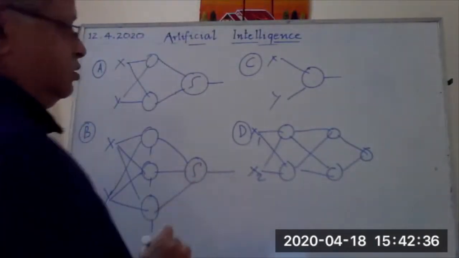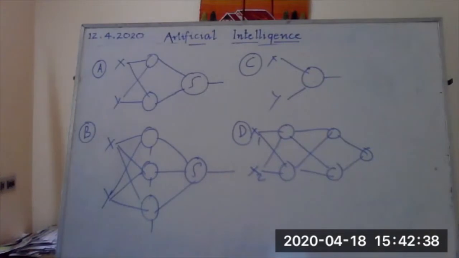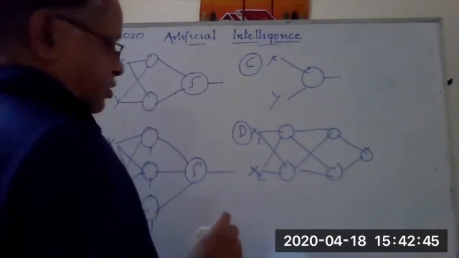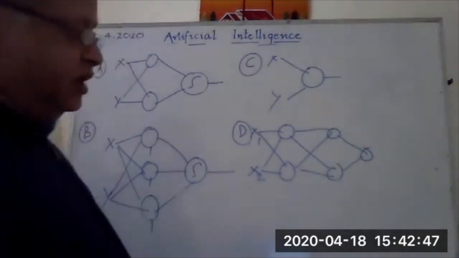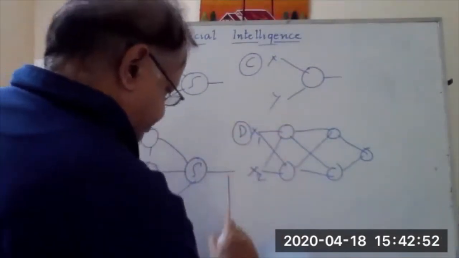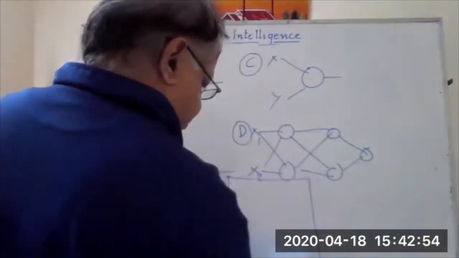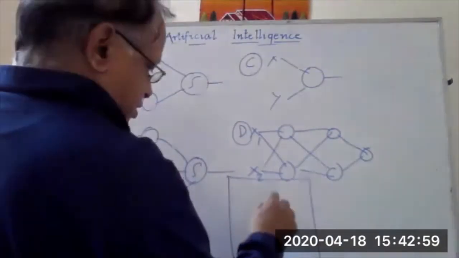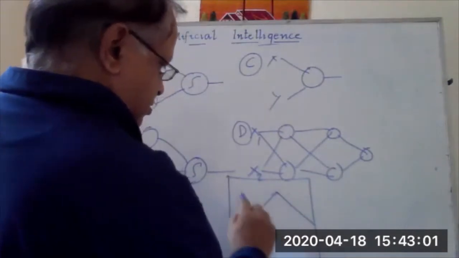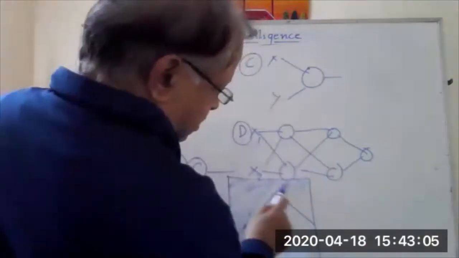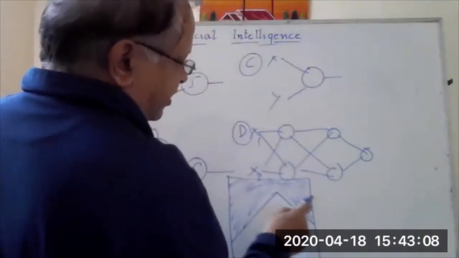So these are the four neurons, the options for you to choose. Now let's say I have a figure which shows the outcome, something like this. This is the shaded area that it has to identify.